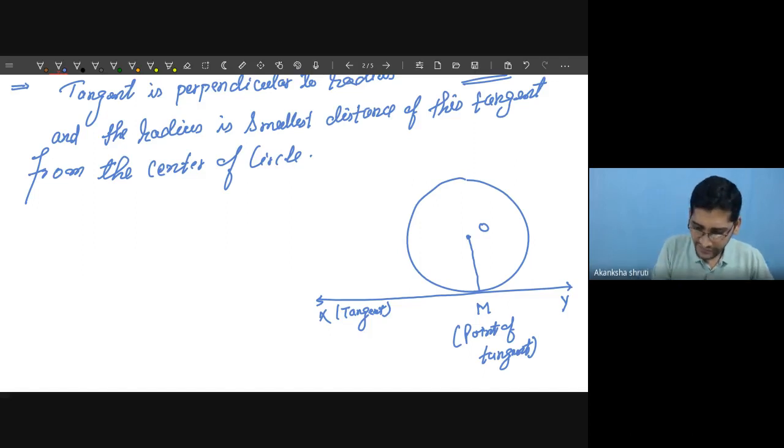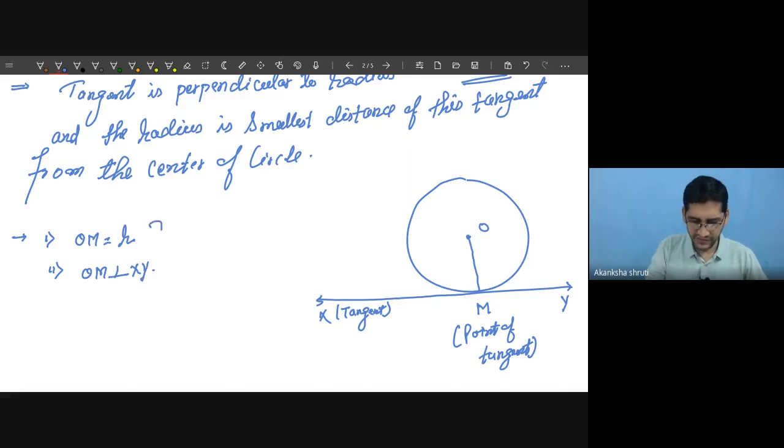Then we have to understand two things. First, OM is our radius. And second, this OM is perpendicular to XY. It means this OM is the shortest distance of this tangent from the center, which we want to show.